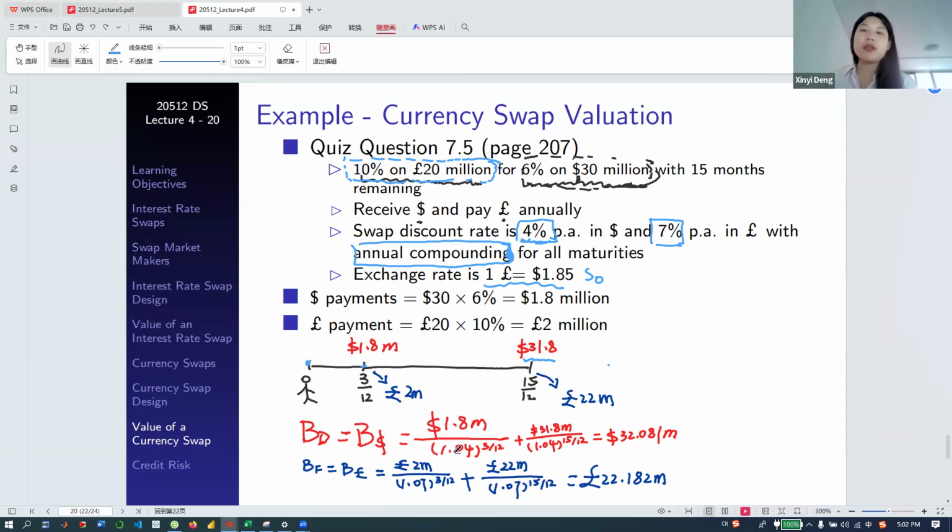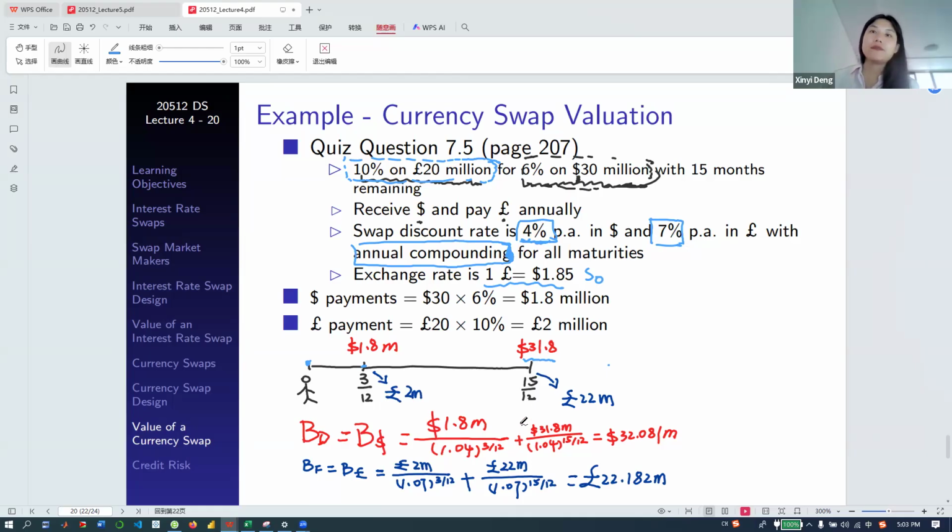Again, we utilize the discount rate, but now note that we have to use the discount rate of pounds. So it's no longer 4%, it's 7%. For the £2 million payment in 3 months, that's going to be discounted as £2 million divided by 1.07 raised to the power of the number of years, that's 3/12.